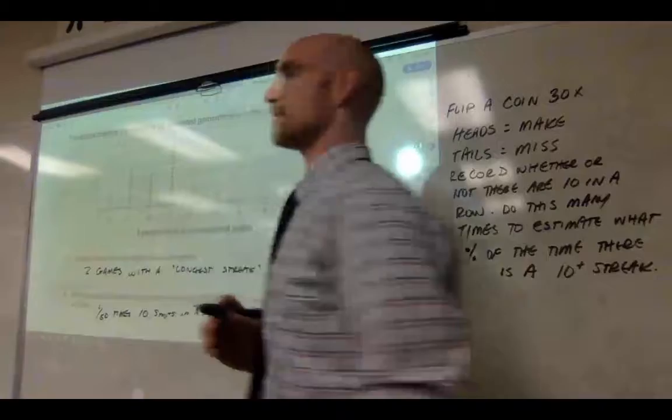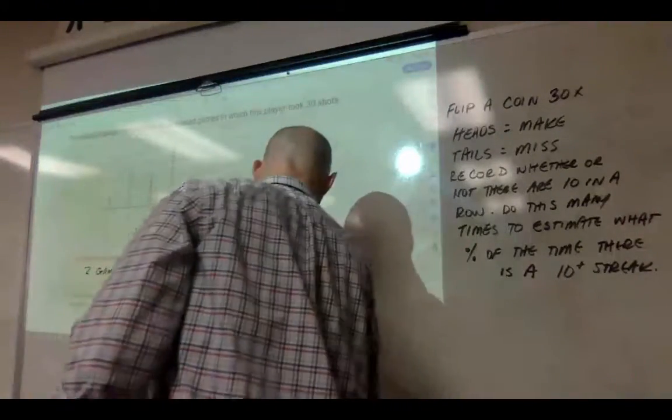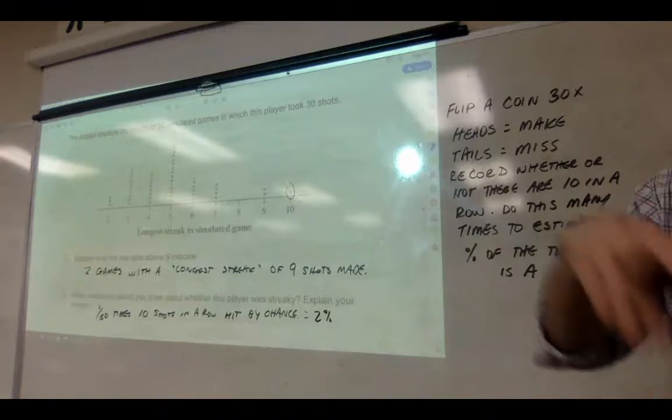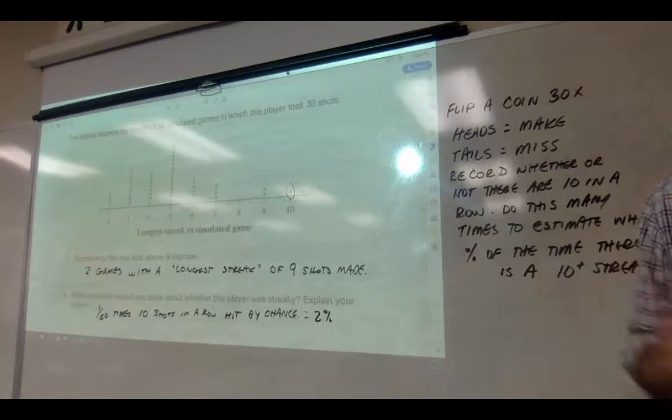What's the percent on that? So 2% of the time, a 50% shooter just randomly hit 10 in a row.